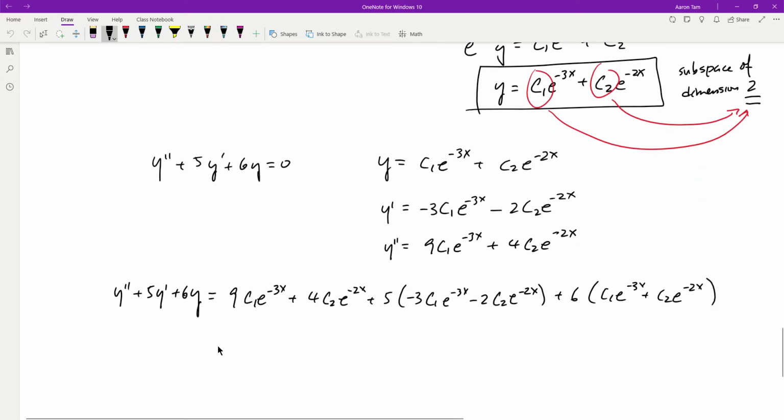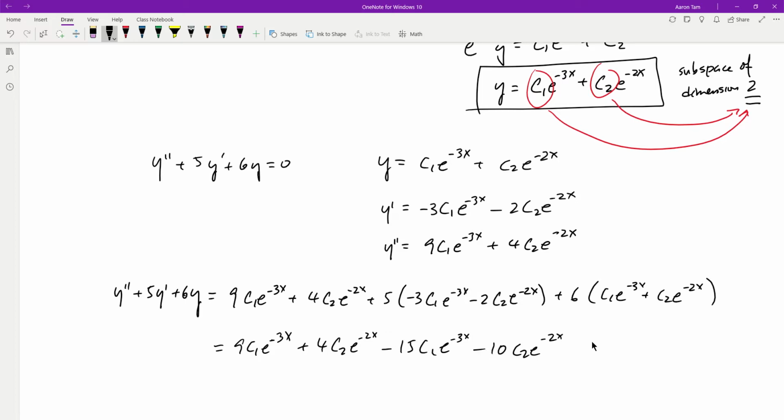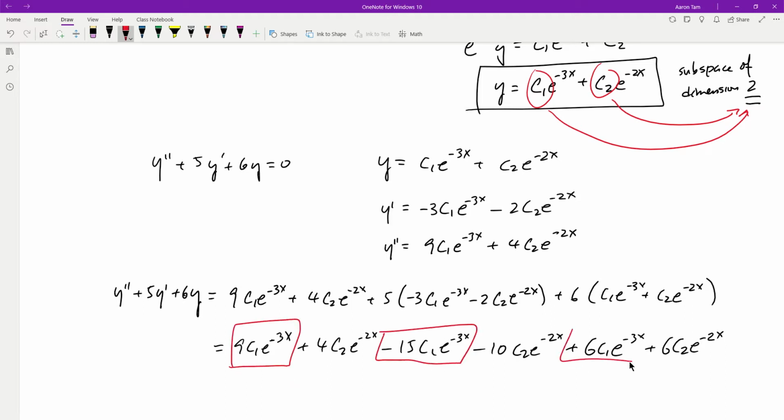If I look at this correctly, that's 9 c1 e to the negative 3x plus 4 c2 e to the negative 2x minus 15 c1 e to the negative 3x minus 10 c2 e to the negative 2x plus 6 c1 e to the negative 3x plus 6 c2 e to the negative 2x. So there are basically two types of terms here.